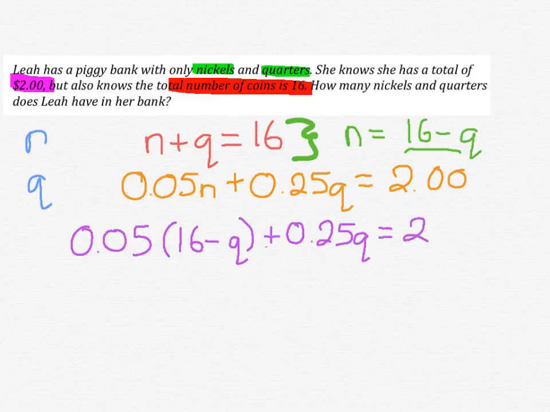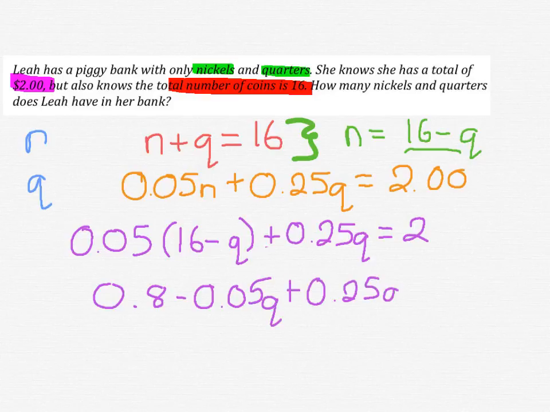Now I need to distribute. 0.05 times 16 is 0.8, minus 0.05Q plus 0.25Q, and that's equal to 2.